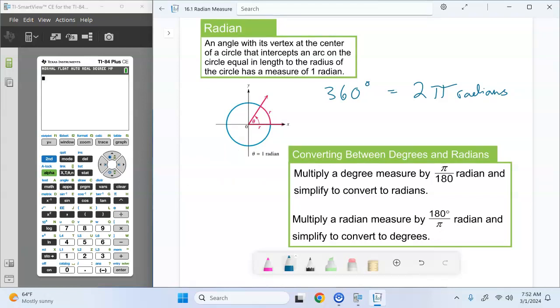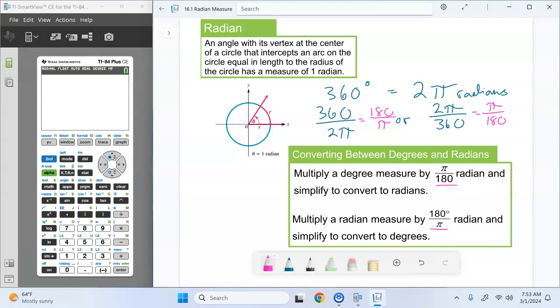We can write a ratio comparing those, either 360 over 2 pi or 2 pi over 360. That's a ratio comparing degrees to radians or radians to degrees. When we simplify both of those fractions and divide them by 2, we get either 180 over pi or pi over 180. Those are our conversion factors to go back and forth between radians and degrees.